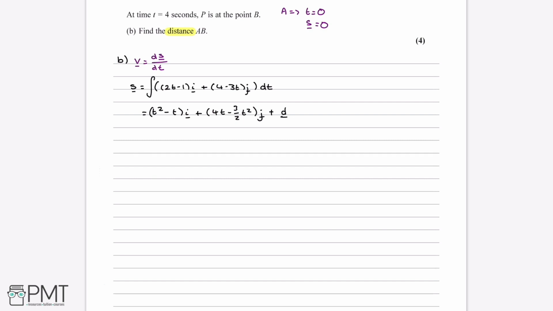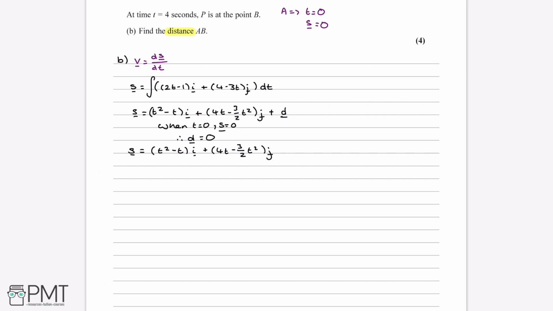And that means that if when t is equal to 0, s is equal to 0, then if we substitute all that into our equation down here for displacement, then this actually means that d is equal to 0 too. And that makes it a lot easier, as we now have a full expression for the displacement, which is t squared minus t i plus 4t minus 3 over 2 t squared j. So now we have our expression for displacement.